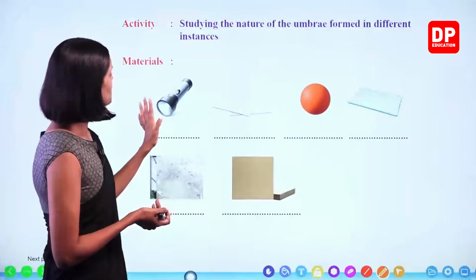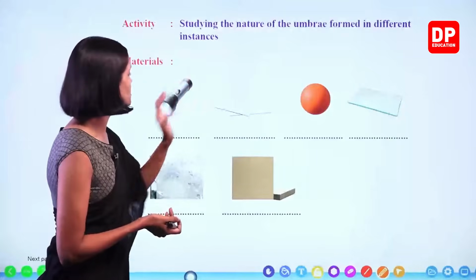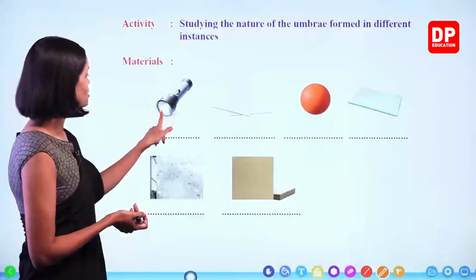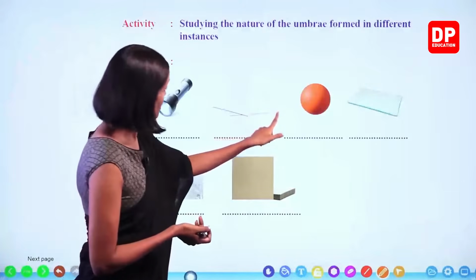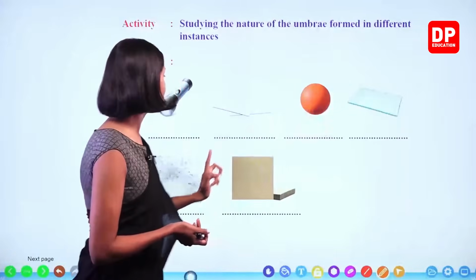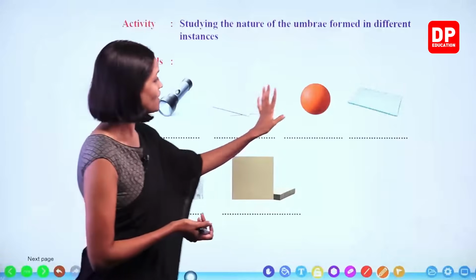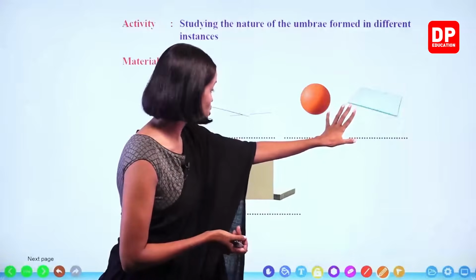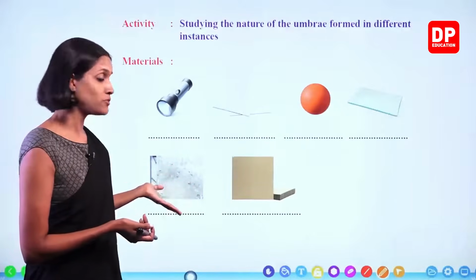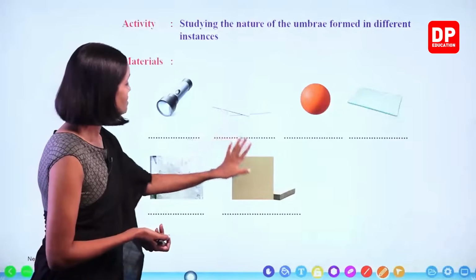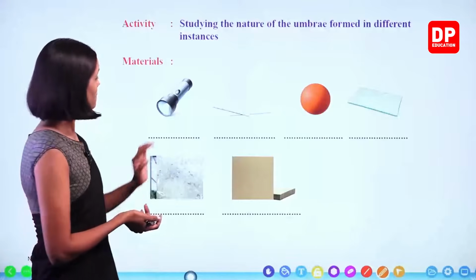Okay. So what are the things we need to do this activity? We need a torch, we need a white screen, a small ball. Here we need 3 other materials. What are they? We need a transparent glass sheet, translucent glass sheet or decorative piece of glass, and a cardboard sheet. Okay, let's write.